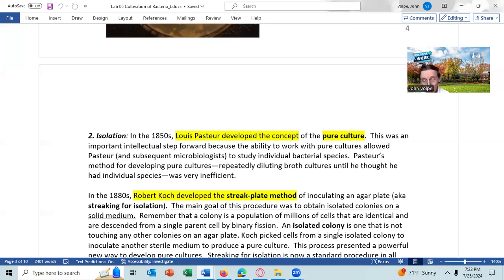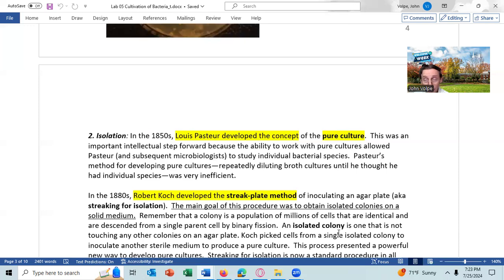And if in a dilution only one of the tubes got growth and the other 9 did not, Louis Pasteur correctly concluded that the one tube out of the 10 that had growth was probably a pure culture. Any question about any of that?